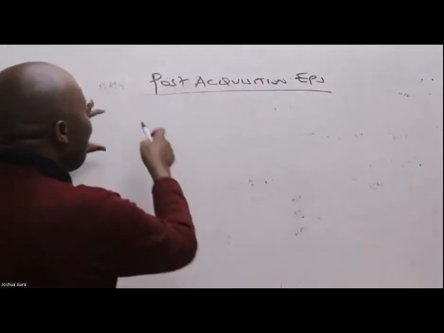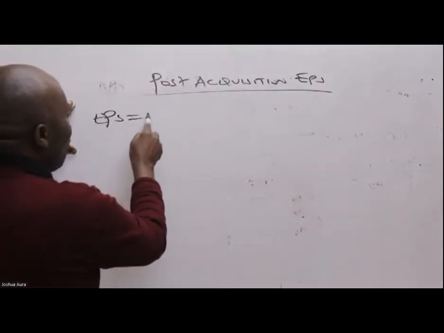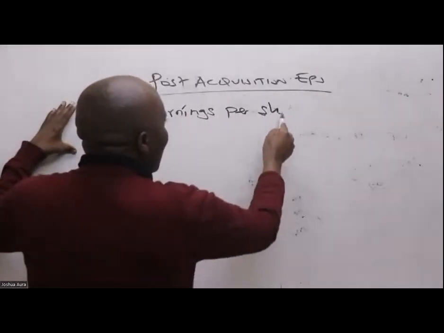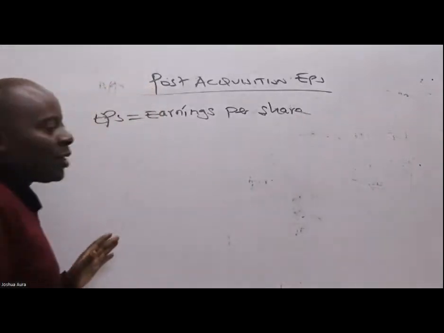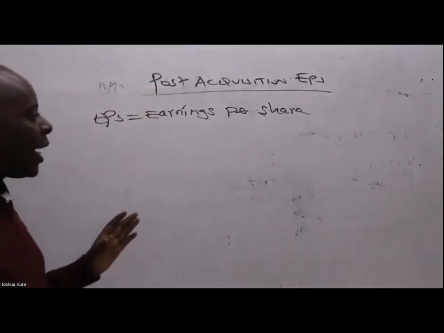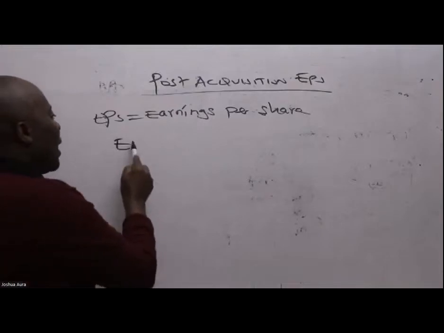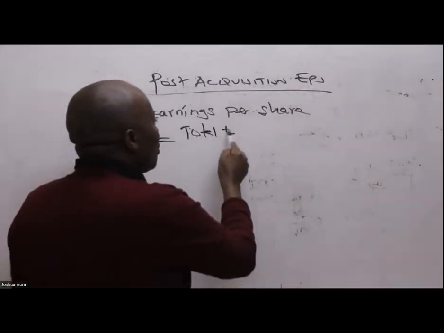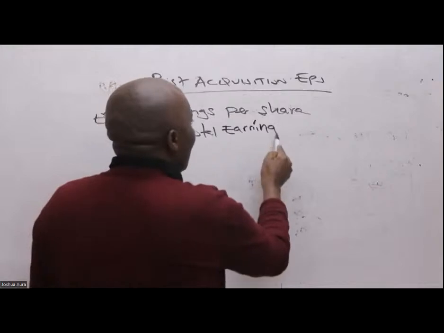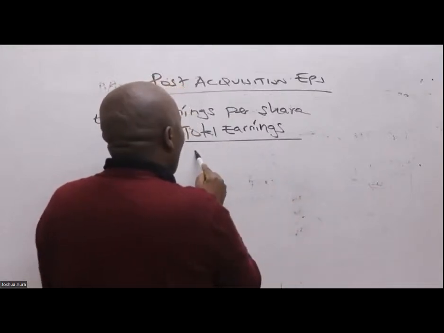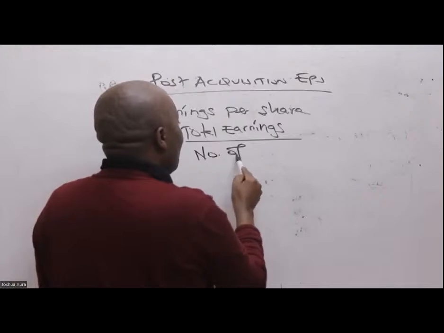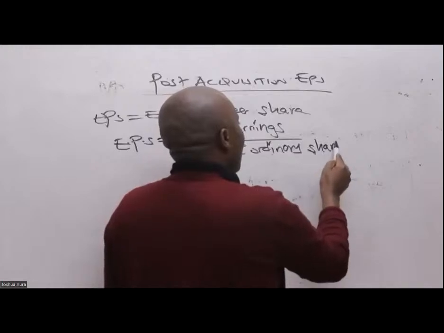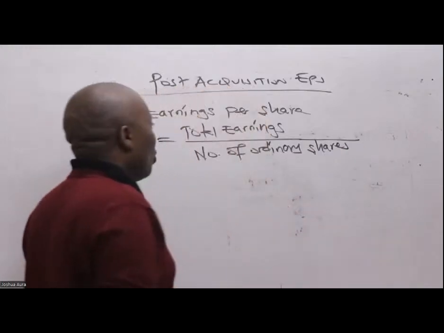You see, this EPS stands for, in full, earnings per share. And for us to be able to get earnings per share, we normally take the total earnings of the firm over the number of ordinary shares.